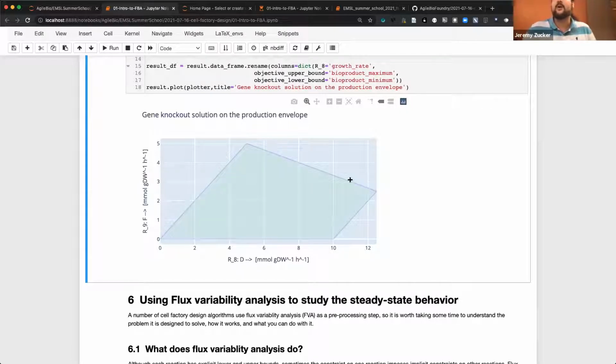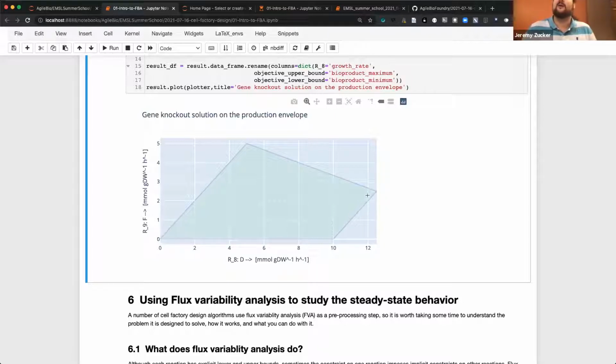And so this is the claim, that this solution, this gene knockout mutant, is evolutionarily stable. Suppose you produced a strain that was producing, I don't know, 2 units of bioproduct. It would be outcompeted by a strain that produced 2.5 units of bioproduct, because it would grow faster.